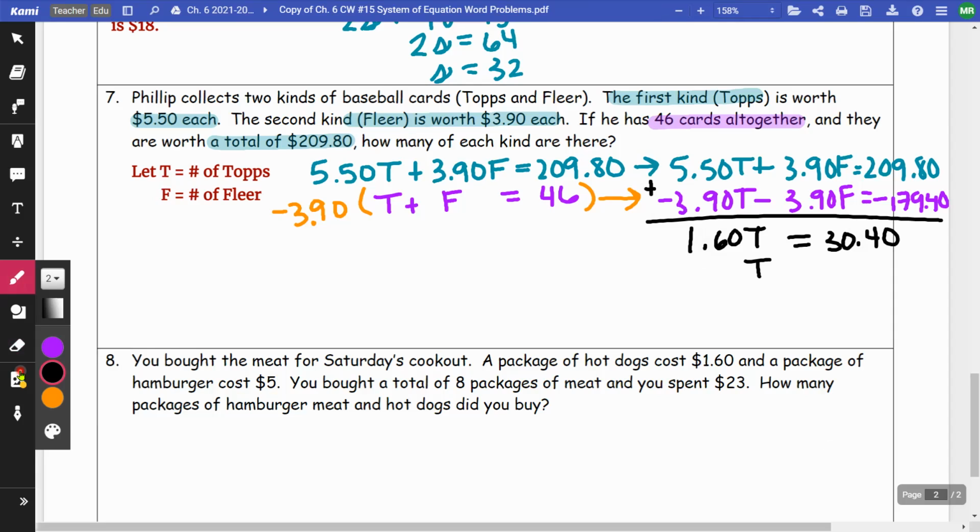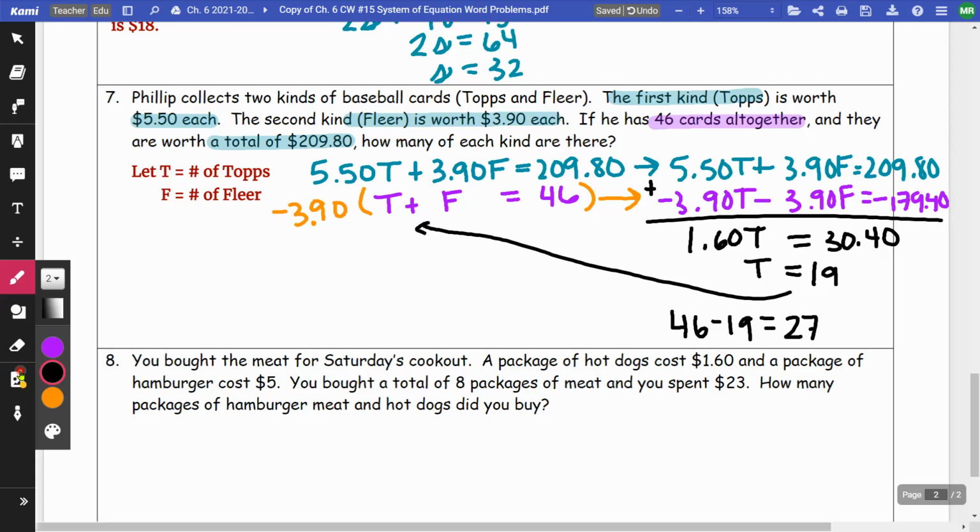I divide by 1.60 and I end up with 19. Now we know there's a total of 46 cards. So basically what I'm doing is taking 46 minus 19, because that's going to be the rest. I end up with 27 for my other cards.